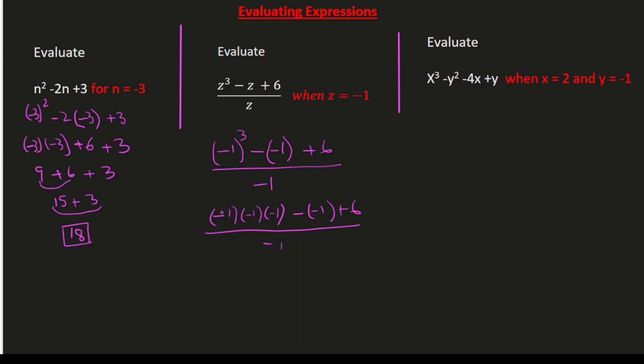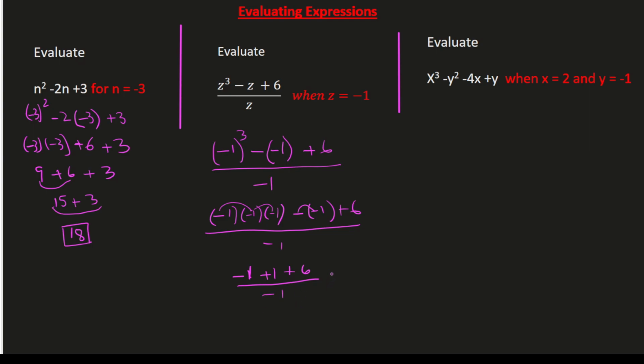So what I have here, negative times negative is positive. So this is positive 1. Positive 1 times negative 1 is negative 1. So the whole cube in here is equal to negative 1. Negative times negative is positive, so this is plus 1. And plus 6 over negative 1.